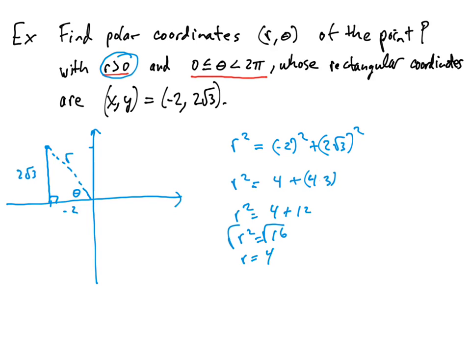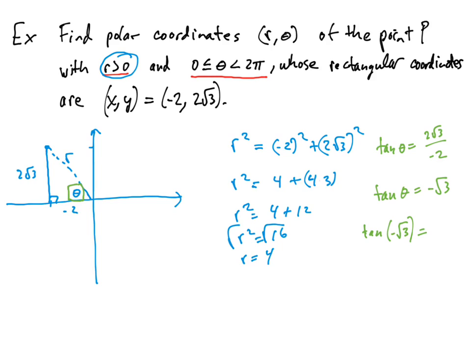So r is 4, and then to figure out theta, well, this angle theta, we know that tangent of that angle is equal to the y value over the x value. So tangent theta here, the 2's cancel, we get negative square root 3. In other words, what angle has a tangent value of negative root 3?